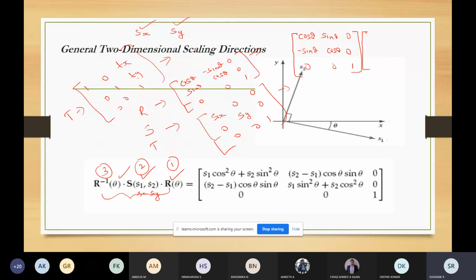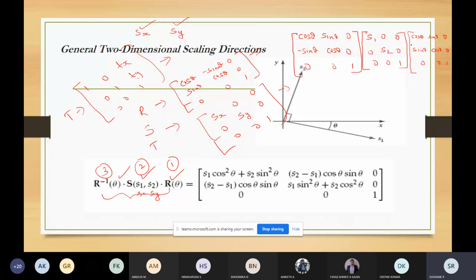After this, this is scaling along the x-axis and scaling along the y-axis, so wherever x is there, replace with s1, s2, 0 0 0 1. After this, again the R of theta means cos theta, sin theta, 0, and minus sin theta, cos theta, 0, 0 0 1.